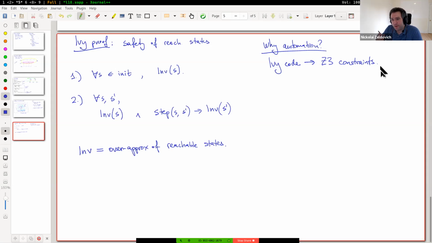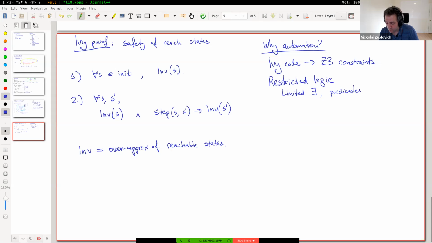But Ivy is very careful to not let you shoot yourself in the foot and make something that Z3 has trouble solving. So Ivy has a restricted, or somewhat restricted, logic, depending on who you ask. There are some constraints on what kinds of things you can state. There are limited use cases where you can use an existential quantifier, like saying there exists some state. There are limits on the kinds of predicates you can state.